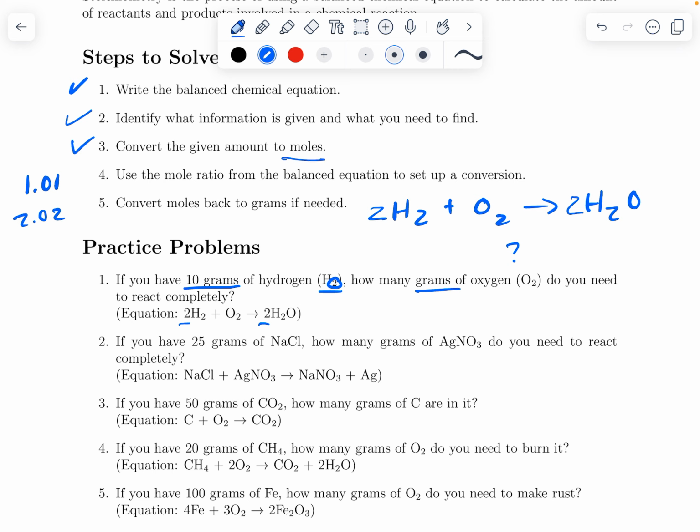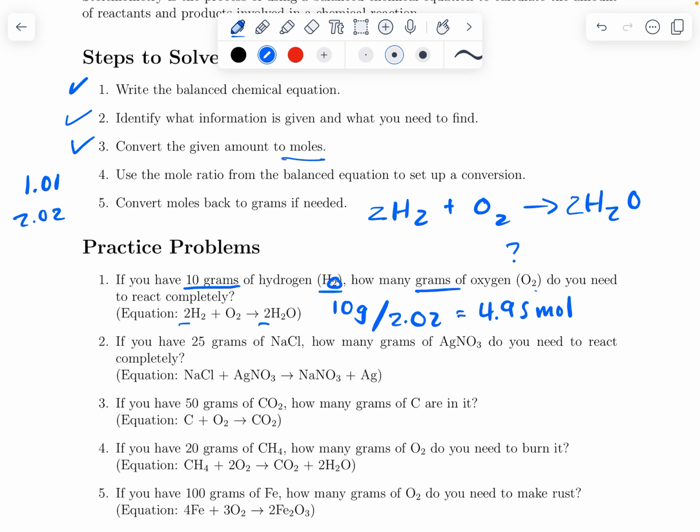We do that by taking the 10 grams and dividing it by 2.02. That gives us 4.95 moles.